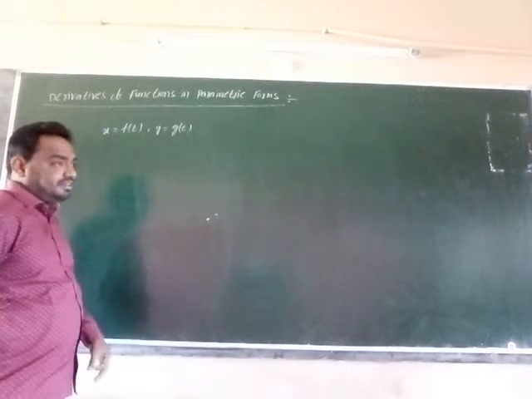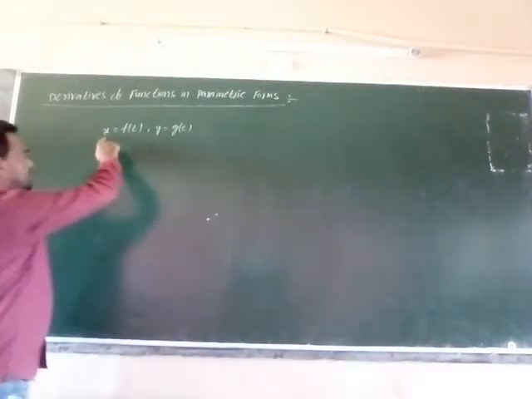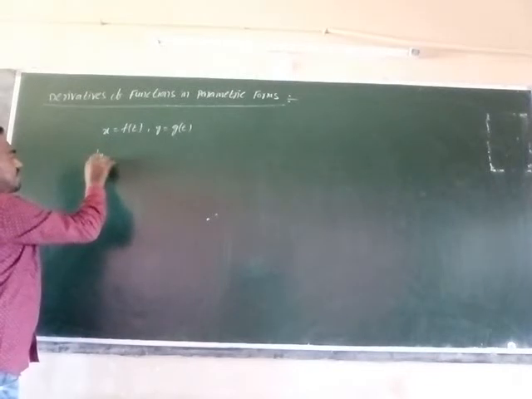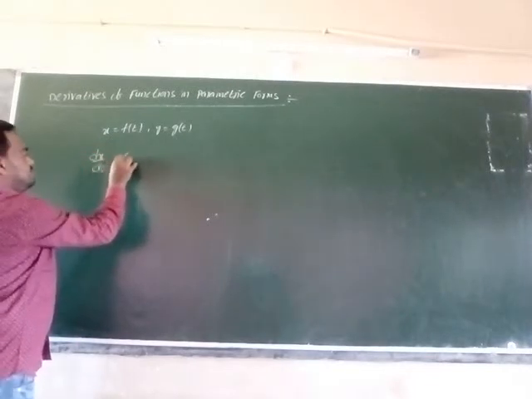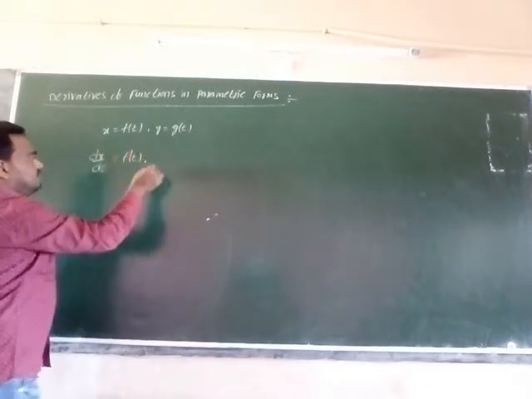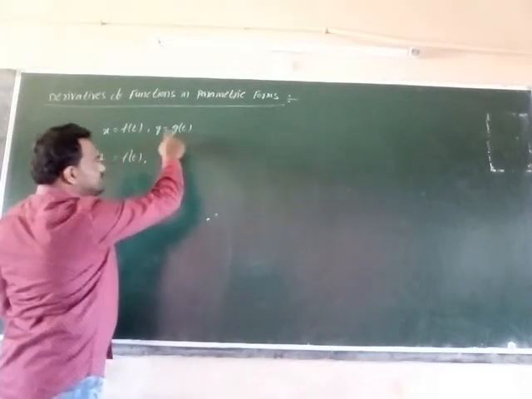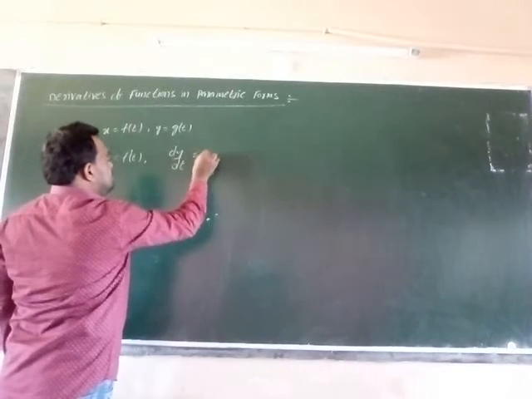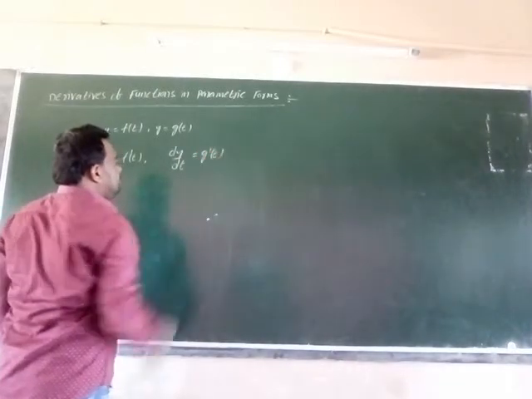So how are we finding the derivatives of parametric equations? The derivative of x with respect to t is dx by dt, which is nothing but f dash of t. The derivative of y with respect to t is dy by dt, which equals g dash of t.